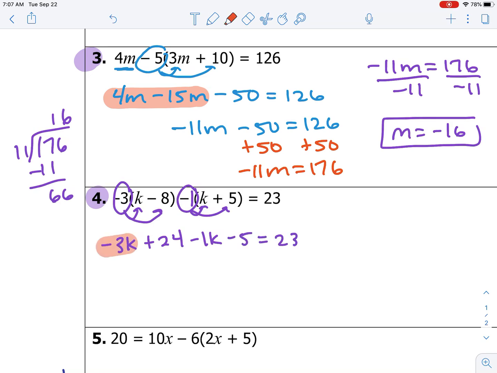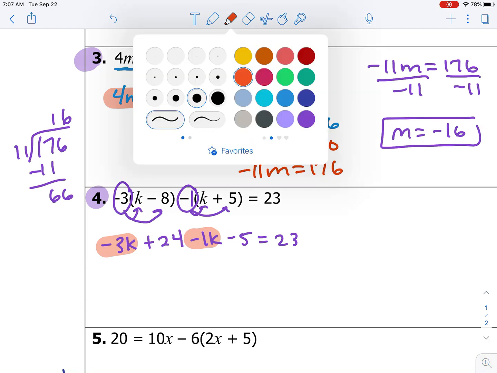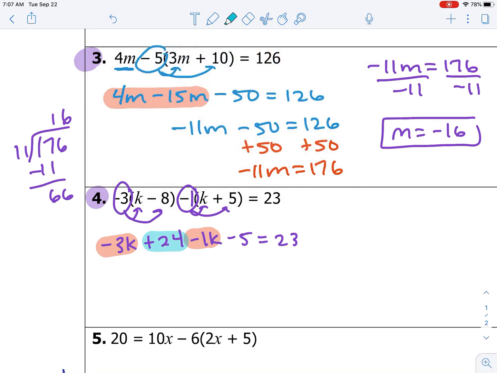So now we're looking for like terms. So I want to say negative 3k minus 1k plus 24 minus 5 equals 23. Negative 3k minus 1k is negative 4k, and 24 minus 5 is positive 19.